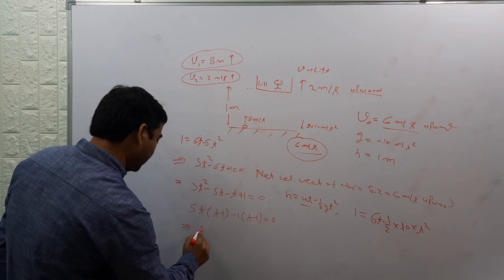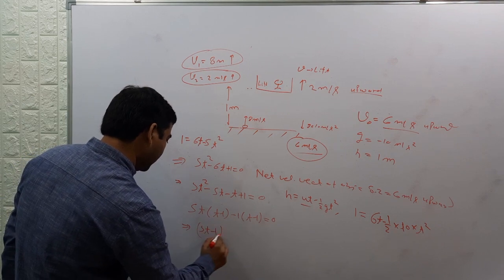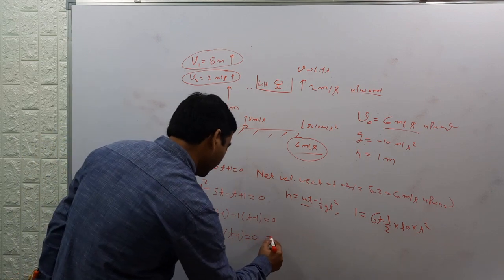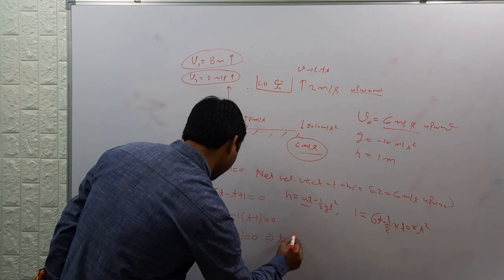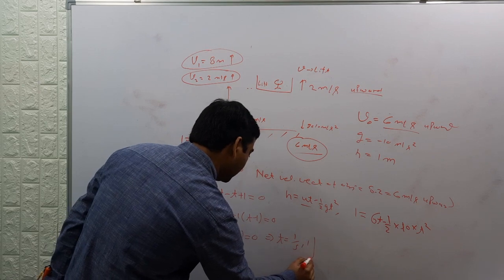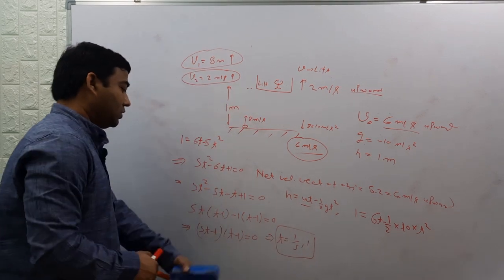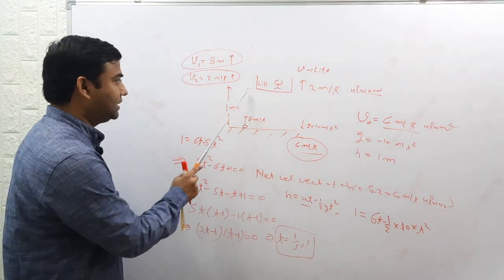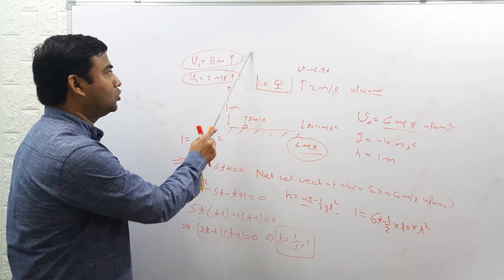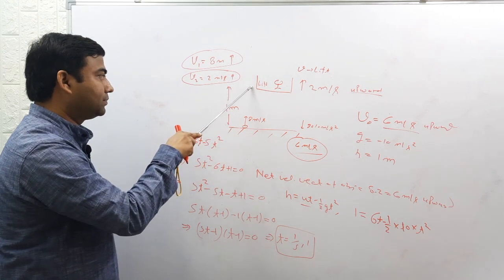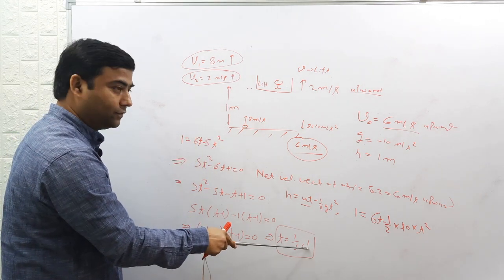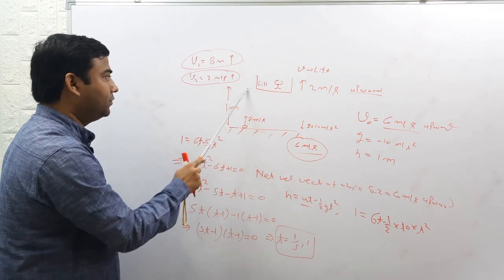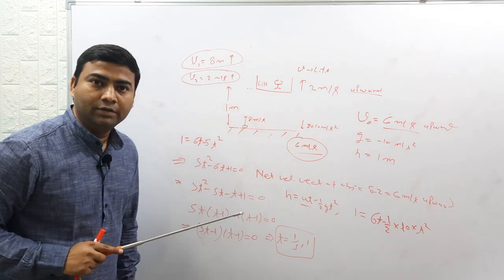And this can be written as 5t minus 1 into t minus 1 is equal to 0. So we can say t is equal to 1 by 5 and 1. So first of all, after 1 by 5 or 0.2 second, this particle will reach here, and then it will go upward, and again it will come after time 1 second. So at time 0.2 and time 1 second, it will cross the floor of the lift.